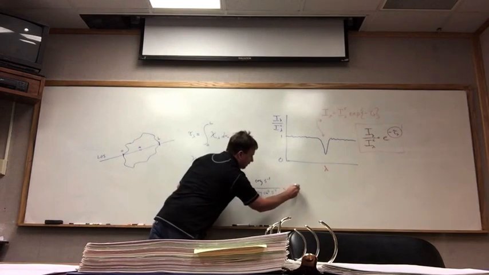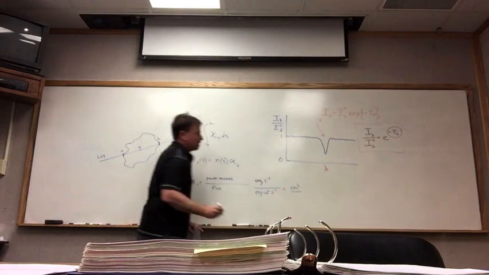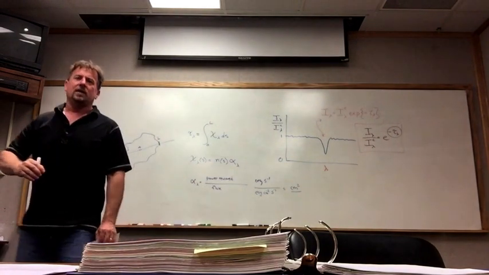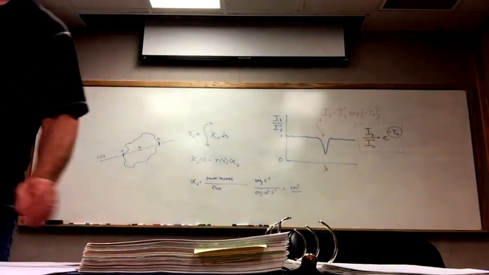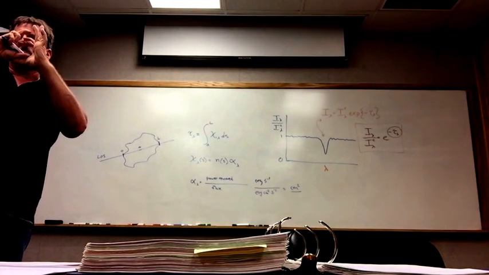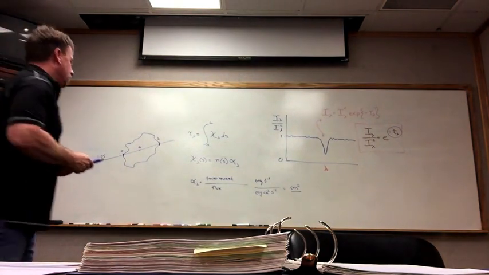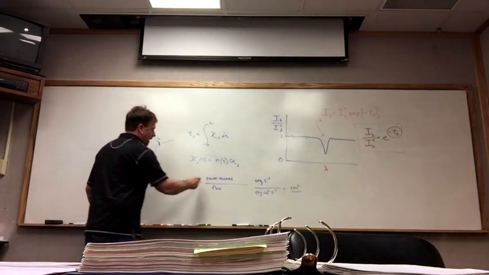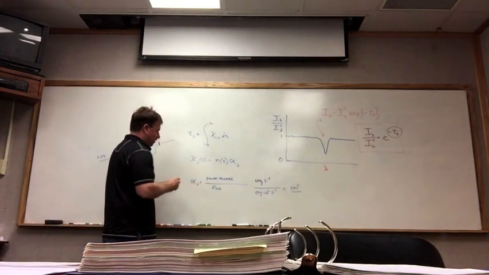So what do you get left with? Centimeter squared. People think of it in a geometric sense, as the area of the absorbing atom or absorber, but it's really defined as the power removed in the flux. It's a function of wavelength.